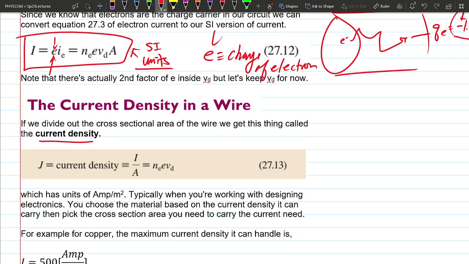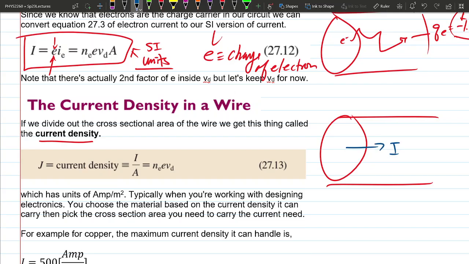It's basically the current divided by some sort of volume, area, or length. Since on a wire the current is going across some cross-sectional area, the current density we're interested in is the current divided by the area.